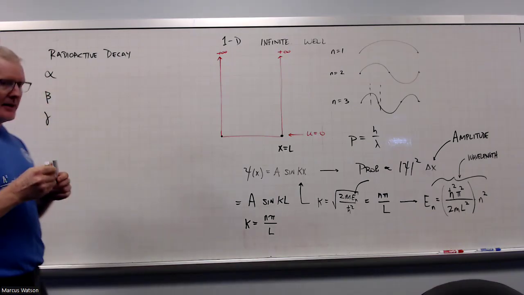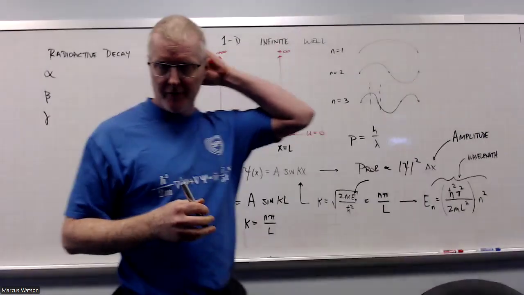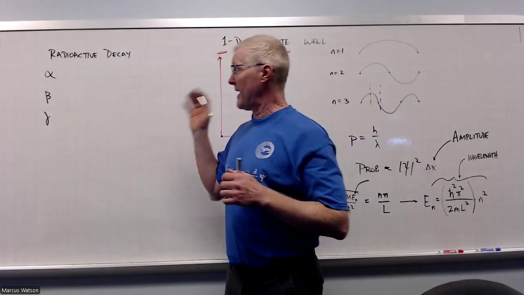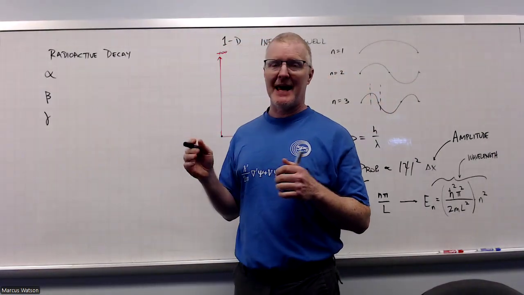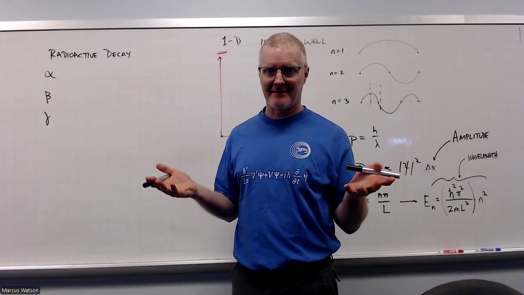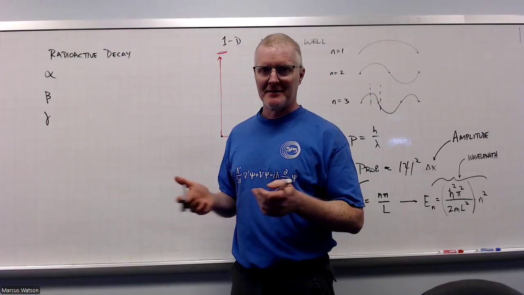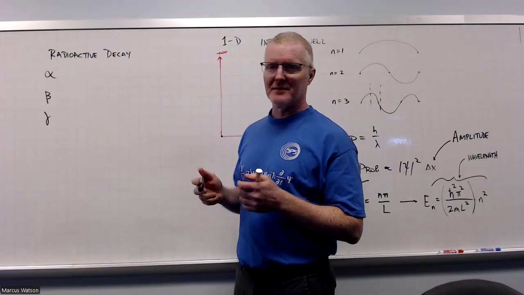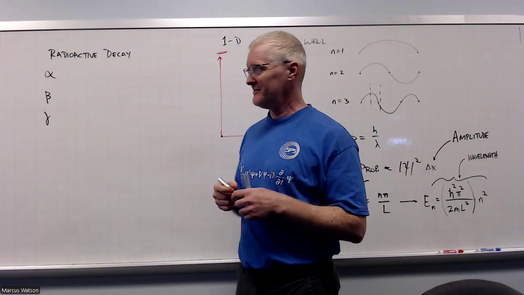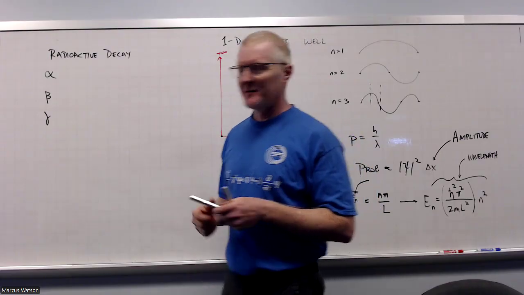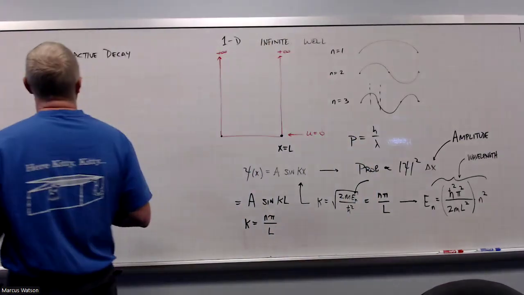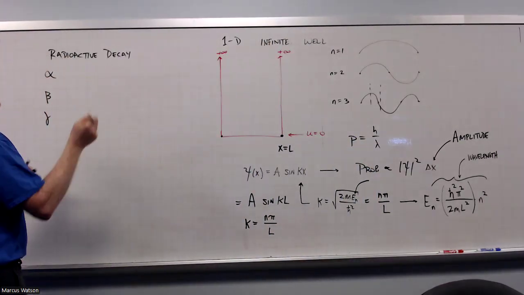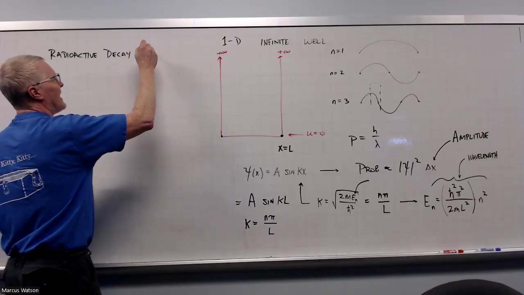Which, as you probably know, are the first three letters of the Greek alphabet. And the reason that they did that is because X, the unknown, was already taken through X-rays. So they said, oh, we have to find something different. So there you go. These are the three characteristic decays.